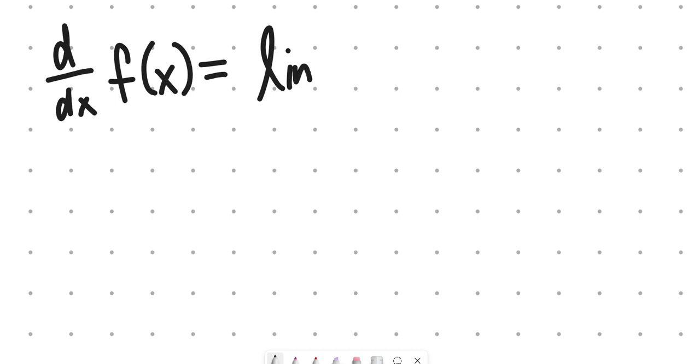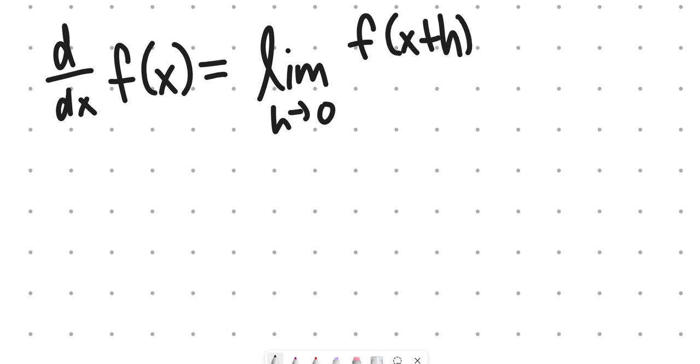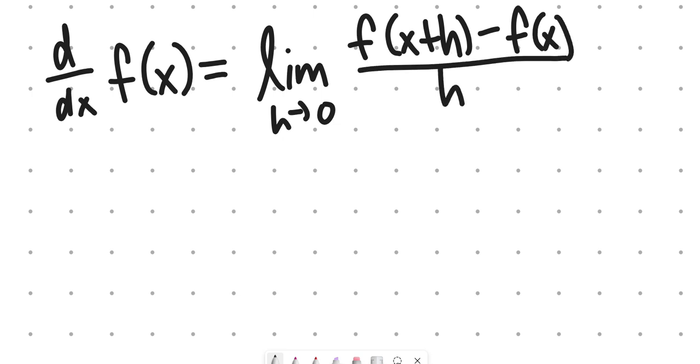The derivative of any function f of x is given by the limit definition. So we have the limit as h approaches 0 of f of x plus h minus f of x, all over h. That is our whole formula, and now we're going to plug in cosecant of x for the f of x inside.